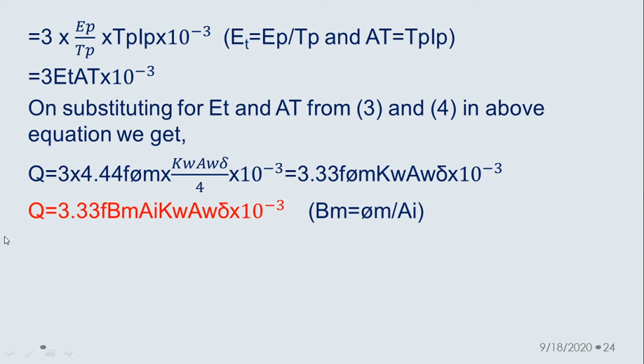Here the Q value is expressed in kVA, not in VA. So in a numerical problem, if they give the rating of the transformer as 200 kVA, you have to write Q as 200 only, with no need of multiplying by 10 to the power 3, because Q is expressed in kVA.